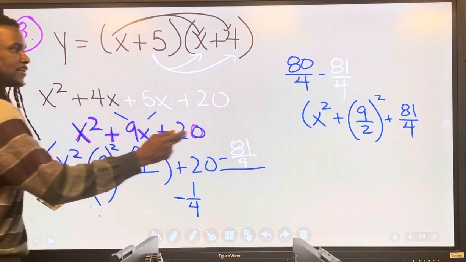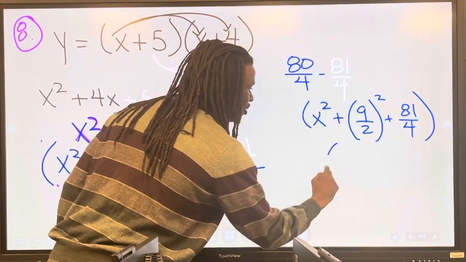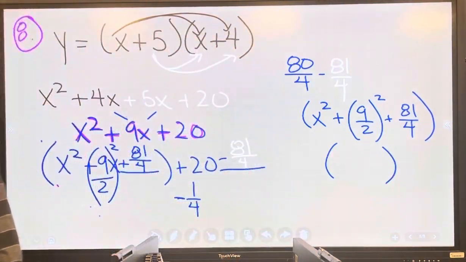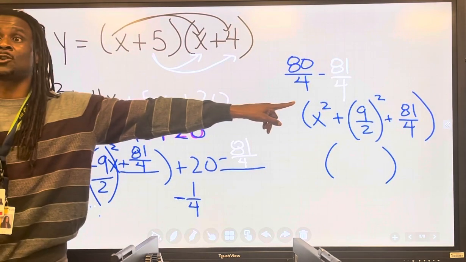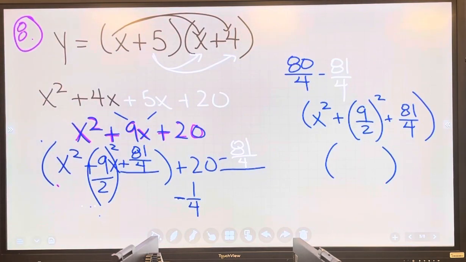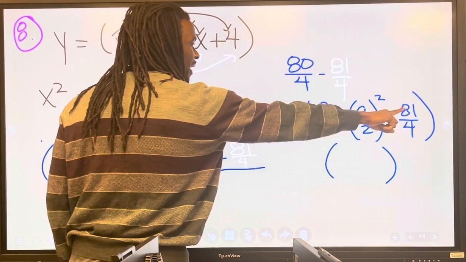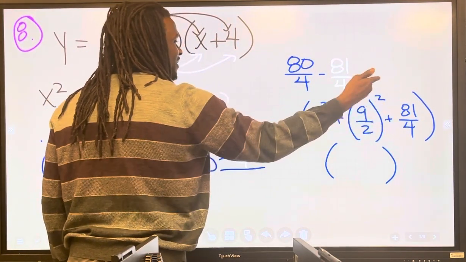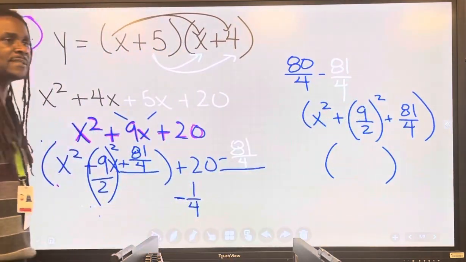Here's a trick. You need 2 numbers when it's fractions like this. Here's a shortcut, and y'all need to catch it. 2 numbers that multiply to give me 81 over 4, that add to give me 9 over 2.